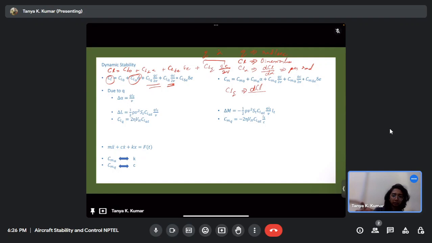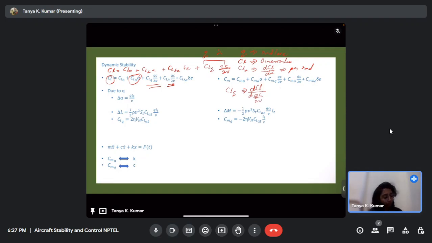Just look at that term, CLQ into QC by 2V. If that has to be non-dimensional, how is CLQ defined? dCL by d(QC by 2V), correct. So that's how it's defined.